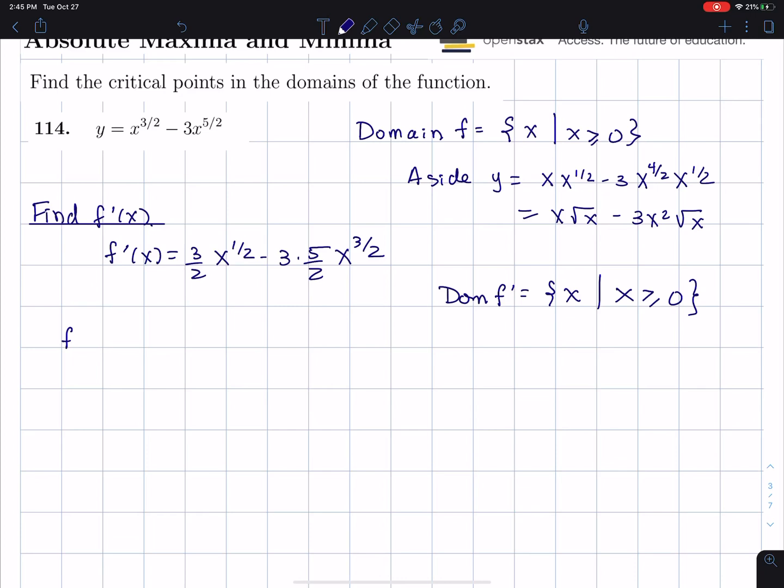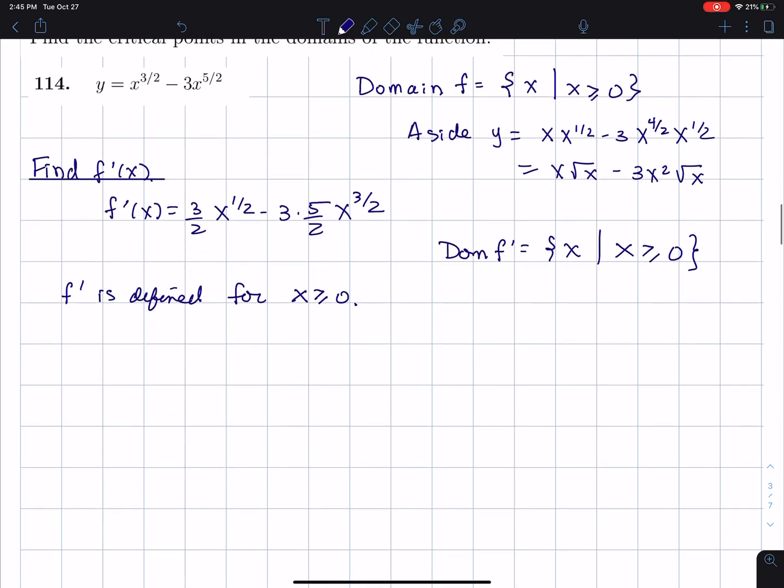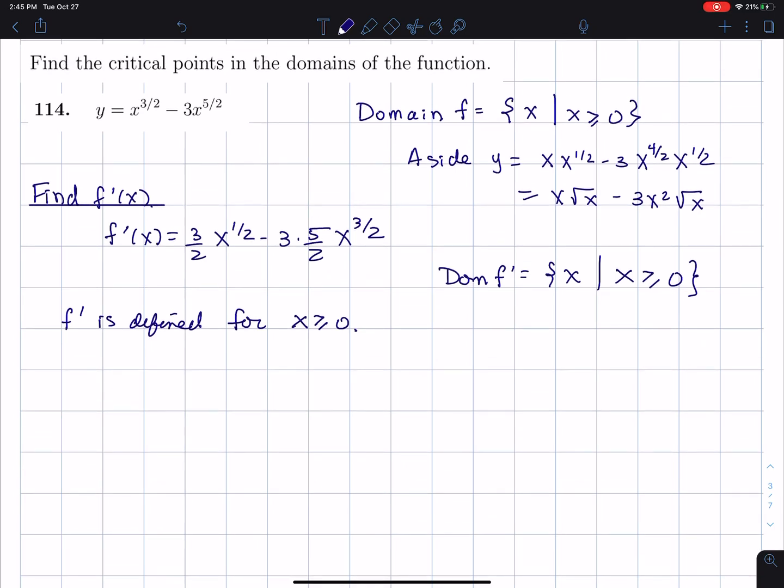So f prime is defined for x greater than or equal to 0, which is what I wrote over here on the right. The domain of f prime is x greater than or equal to 0. So there are no critical numbers found where f prime of c is undefined.